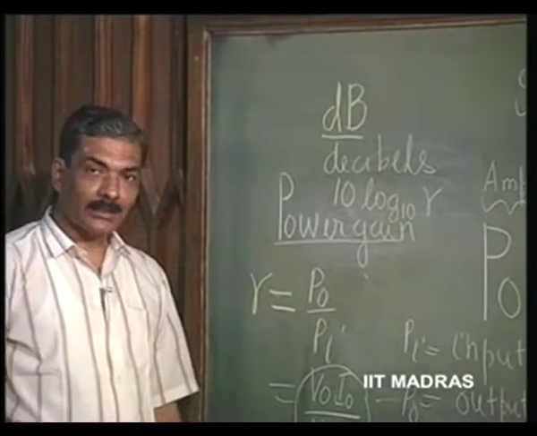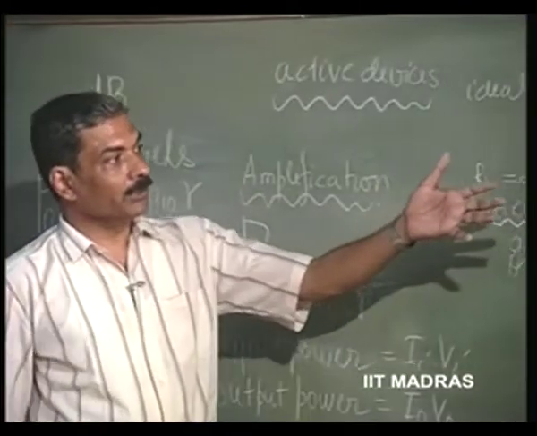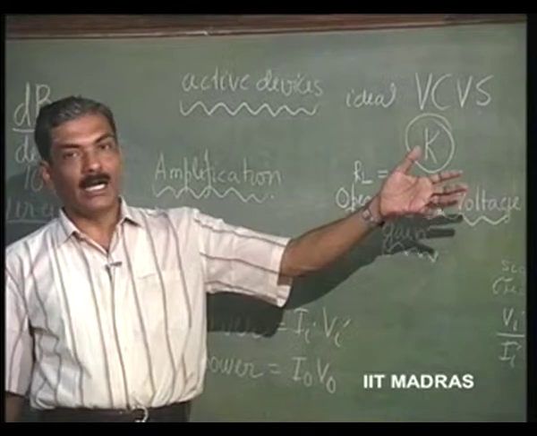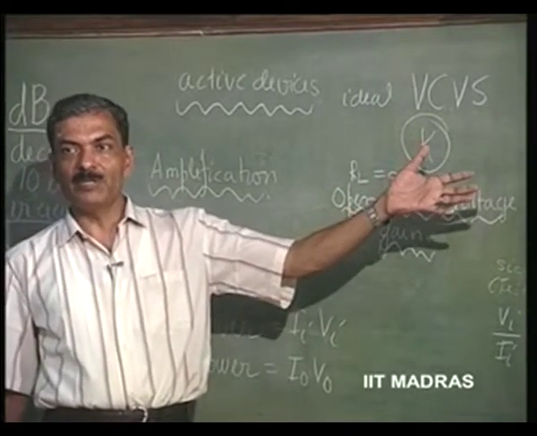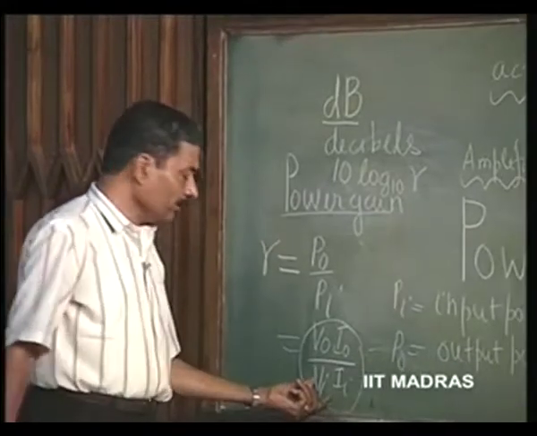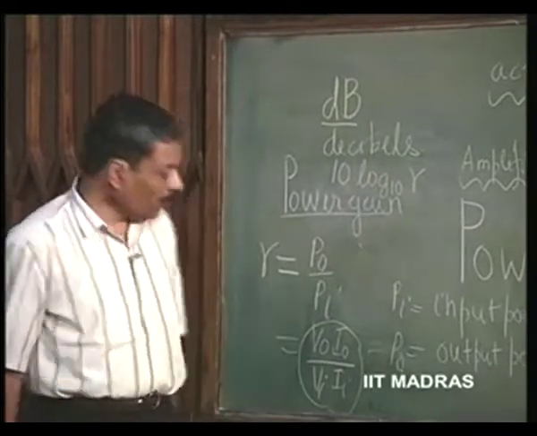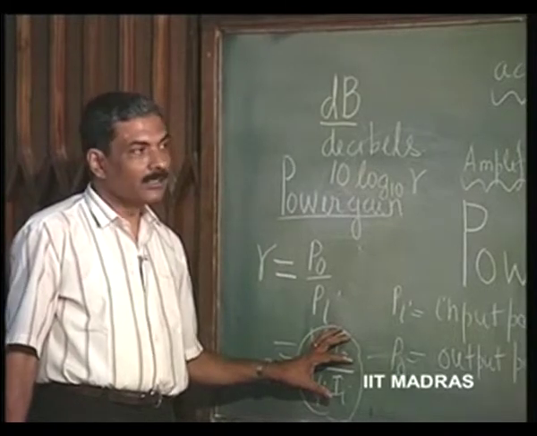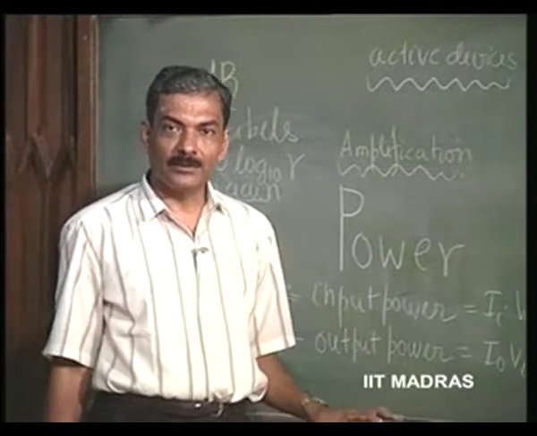Because in practice, if for example, the input port is an open circuit or very nearly an open circuit, we know that I I is 0. That means input power is going to be 0, but there will always be output power. Most of the amplifiers that we are going to discuss will have either I I very close to 0 or V I very close to 0.